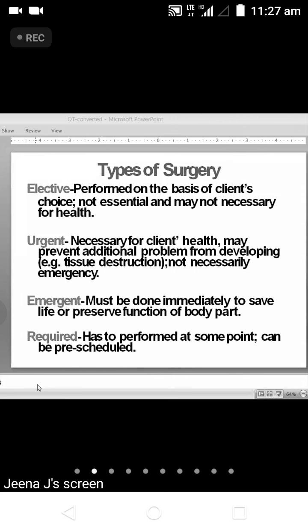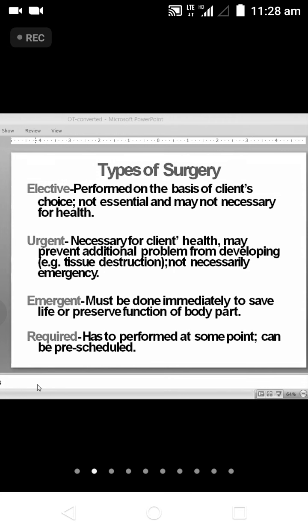Also, some examples for required surgery can be sinus operations, for those who have severe sinusitis. You know what is sinusitis, right? Inflammation of sinuses. Sinuses are the air chambers in your face, in the facial part.